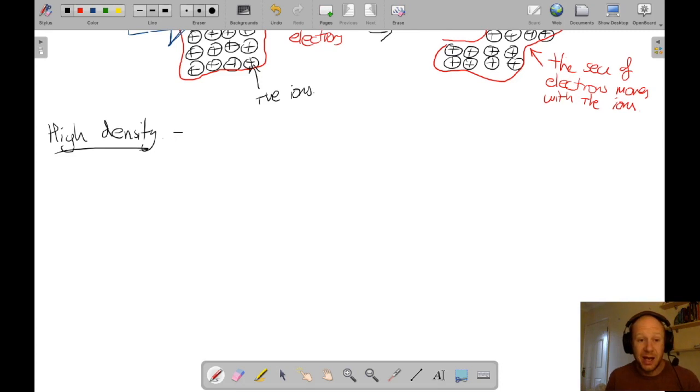Density, just as a maths equation, is mass divided by volume equals density. So we're looking at how heavy it is, but also how much we've got. Now, if I had the same amount of wood and the same amount of metal, the metal would be much, much heavier. And this is because they've got a really high density.